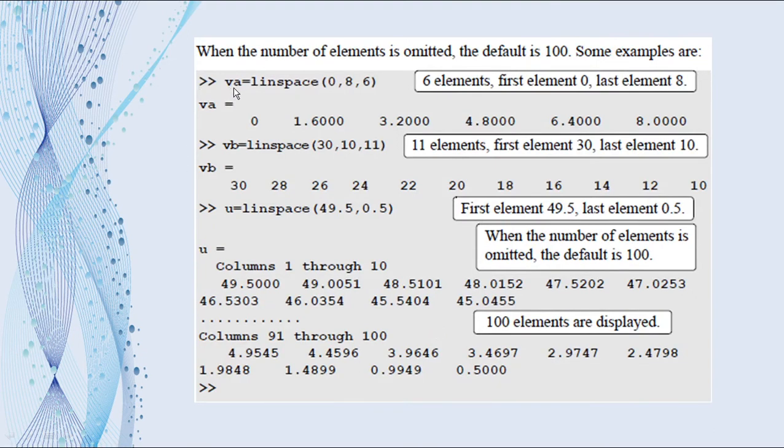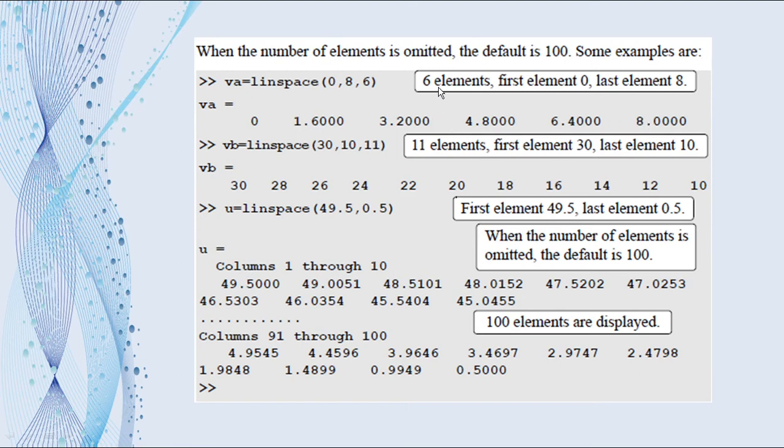Say a variable va is equal to linspace of 0 comma 8 comma 6. So now you have the first term, the last term, and the number of terms. 6 is the number of elements. The first term is 0 and the last element is 8. So MATLAB calculates the spacing between each and every element.